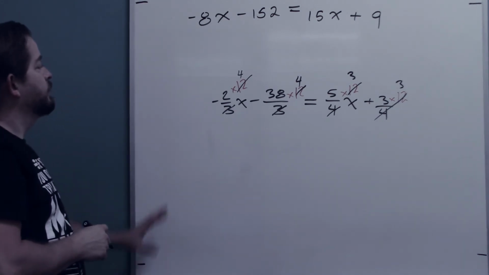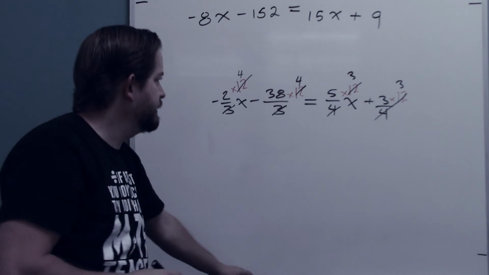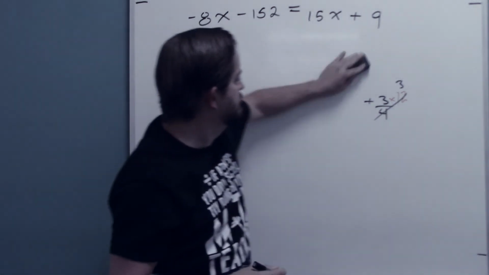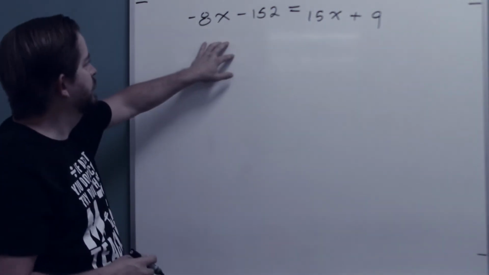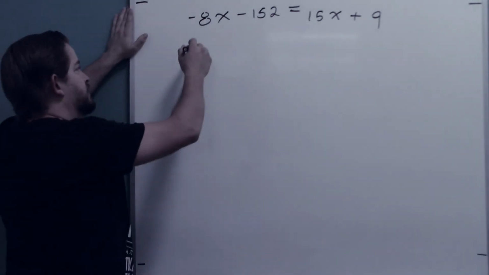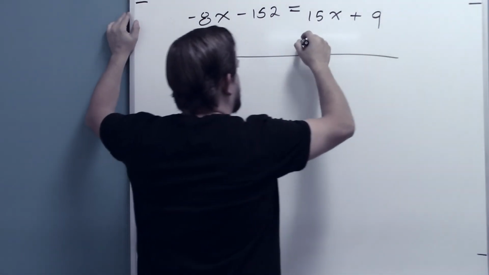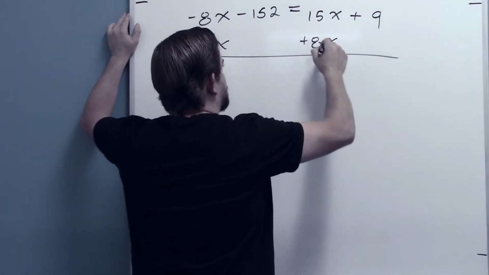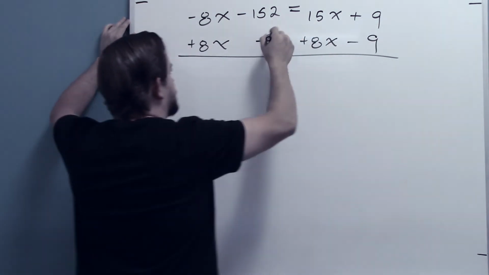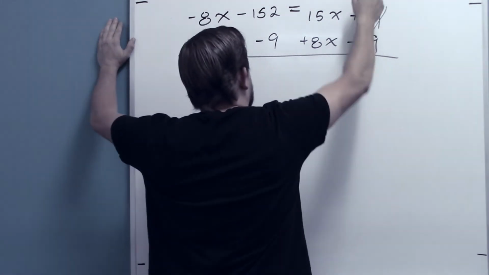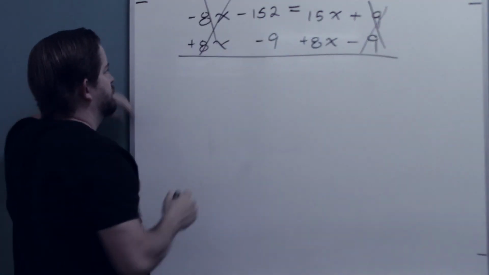Okay. So I'm going to erase this one here, and I'll work this problem, right? I want my x's on the same side, so I'll probably add 8x to get them to the right-hand side to keep my x terms positive. And I'm going to subtract 9 from both sides. The 9 is out of the right, the x's are out of the left, right?